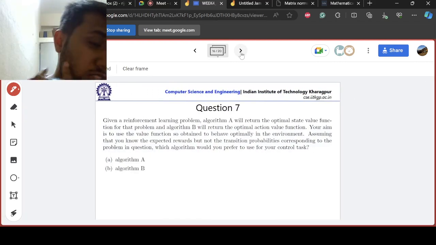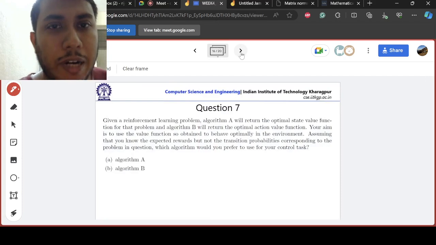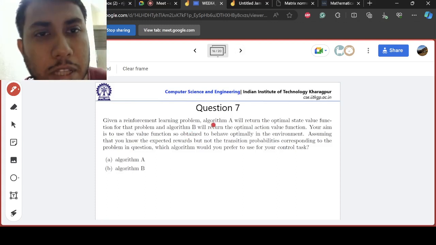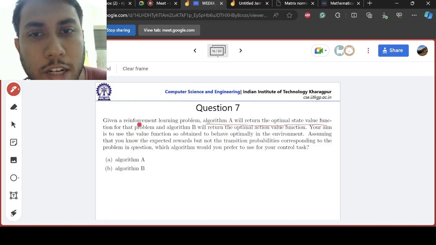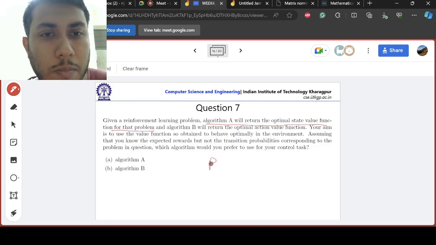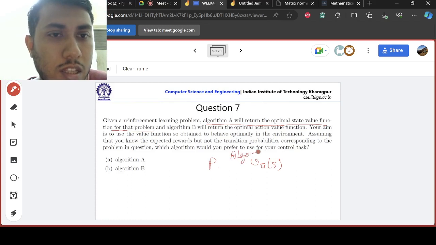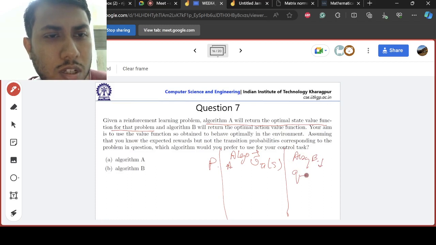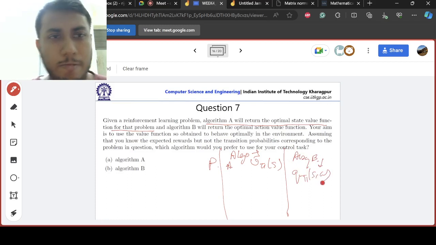So this is the last question. Let's do this. Given a reinforcement learning problem, algorithm A will return the optimal state value function for that problem. So we have a problem and a value function v pi for each state. Algorithm A will give us v pi of s, and algorithm B will give us q pi of s comma a, right?